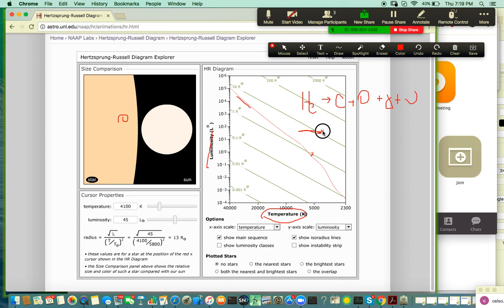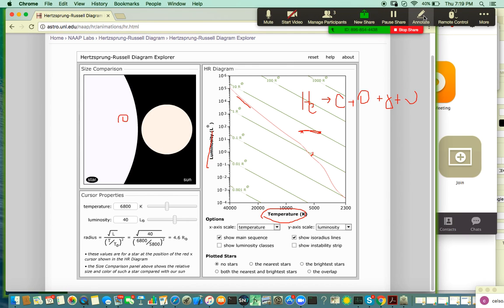So if I bring the sun to that position, see if I can do that. The volume diminishes a little bit, and the star becomes hotter, meaning it's not as red as it used to be, as you can see in the animation. The core shrinks even longer as a horizontal branch.